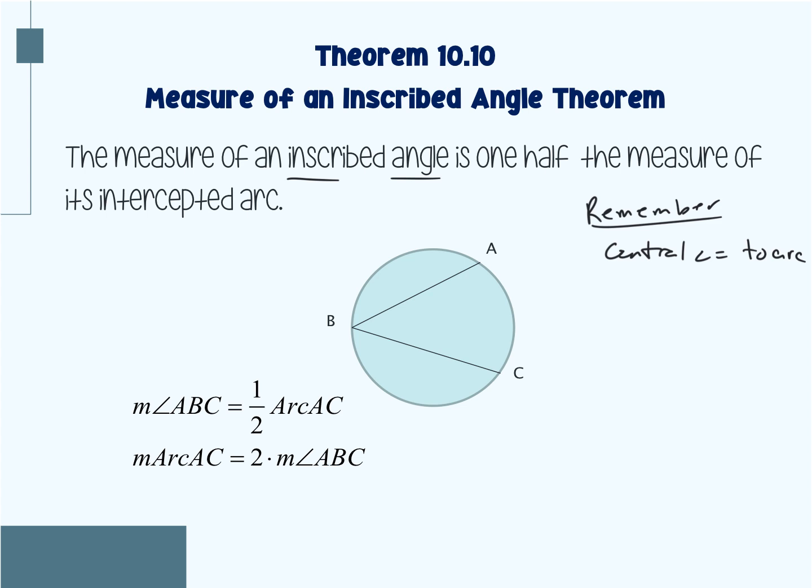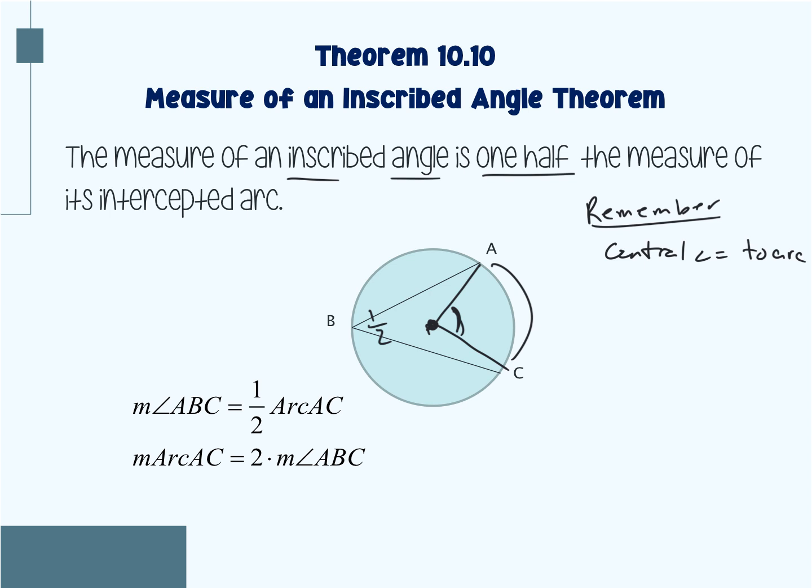So the inscribed angle is half of the measure of the intercepted arc. So if we were to do the arc from right here, which is the center, the arc would equal the central angle, but it's half of the inscribed angle. So this is half of the arc. It is important that you guys remember the distinction.